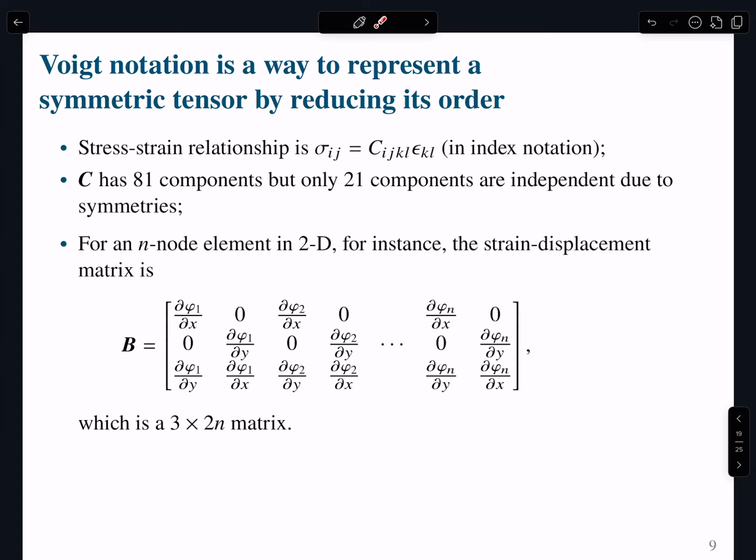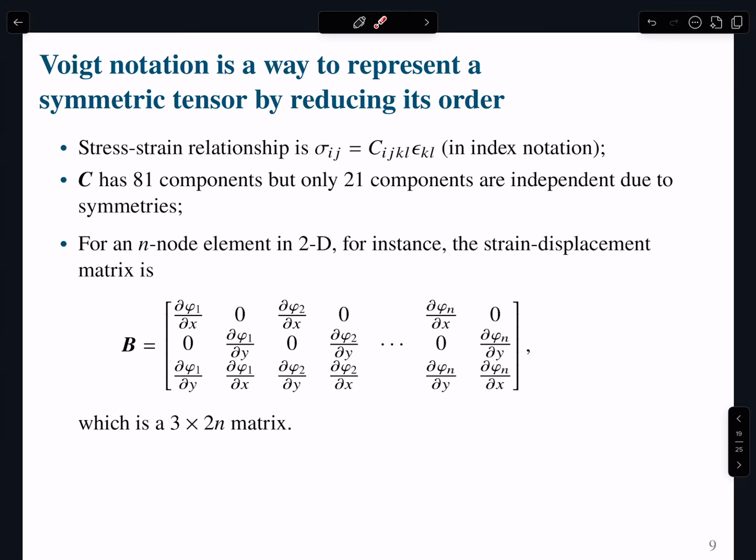Okay? So if you recall in the code, the first thing that we do at every Gauss point, we obtain the shape functions and the derivatives with respect to the master coordinate. So in order to get the derivatives with respect to the physical coordinate, this is where your inverse of the Jacobian matrix jumps in.